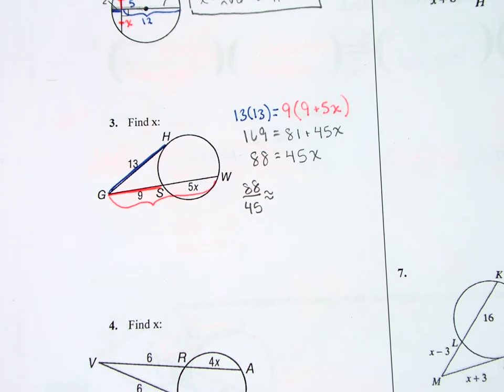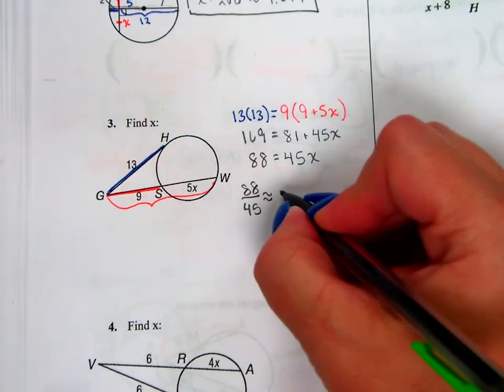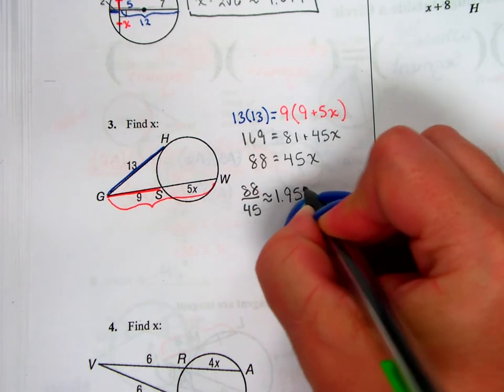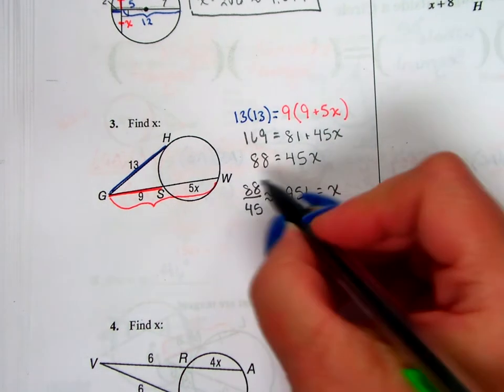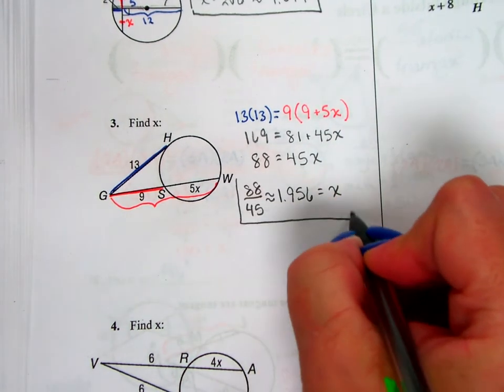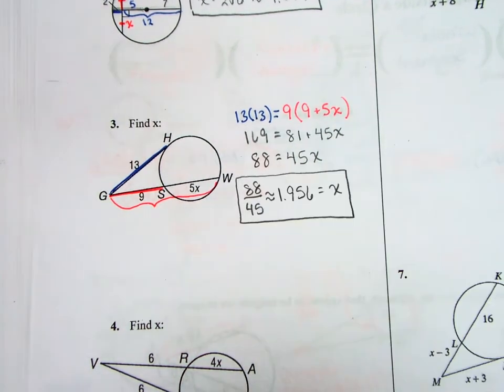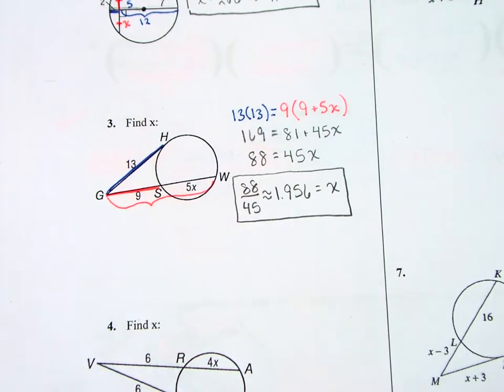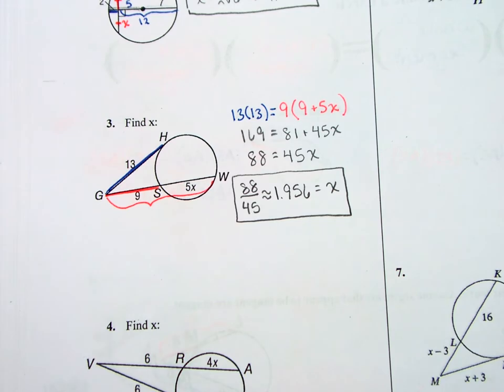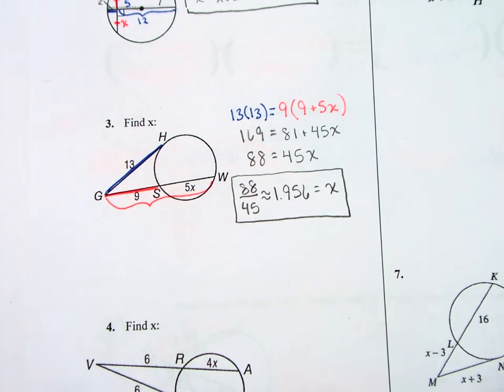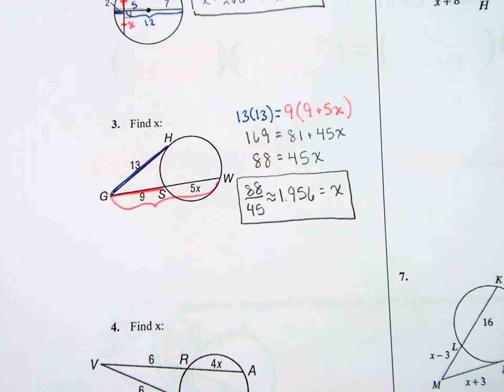A rounded answer would be 1.956. Questions on 3?